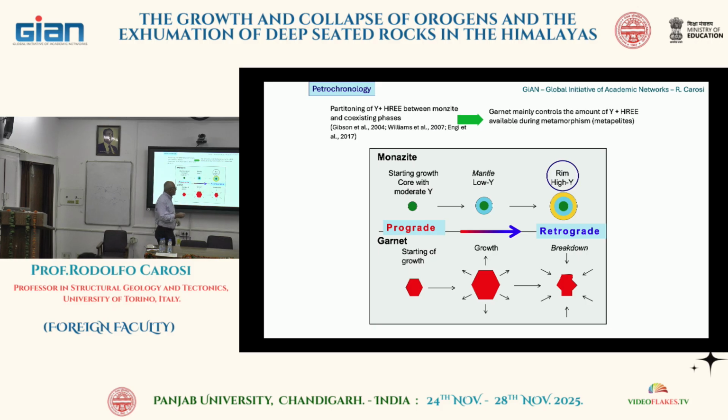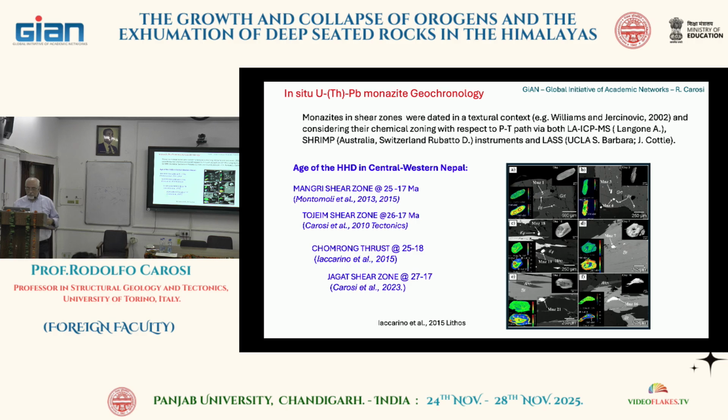So when we date this part, we are dating the prograde metamorphism. When we date this external part, the rim, we are dating the retrograde path of the monazite and of course of the rock. So we did this kind of work for several shear zones along several transects, and sometimes we found more complex behavior of the monazite.